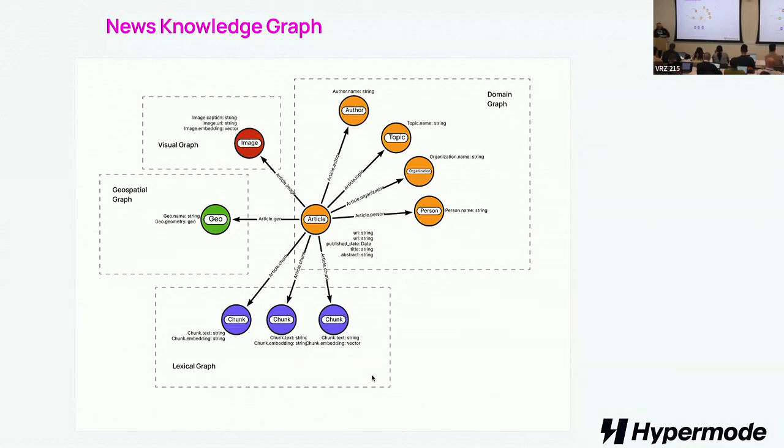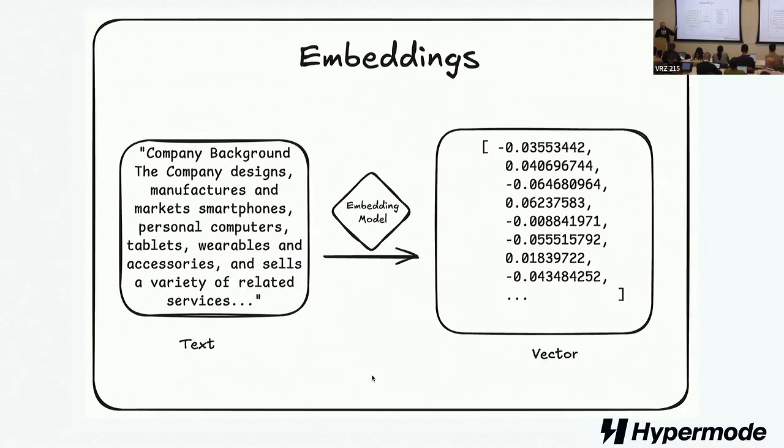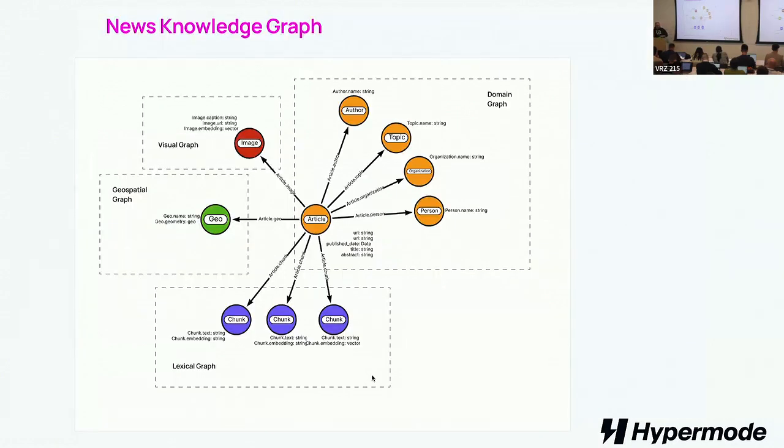The typical approach is to do vector search with embeddings and find the pieces of our document that are most relevant based on the query. GraphRAG starts there and uses that as an entry point. So we might start by doing vector search on one of our chunk nodes and then traverse through the graph to find all of the relevant context to pass to our model, rather than just this unstructured data.